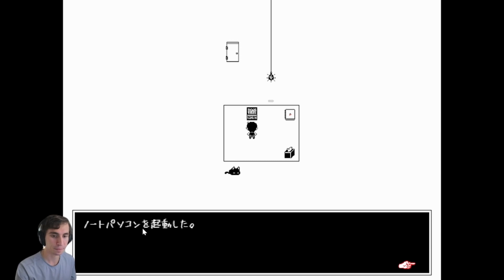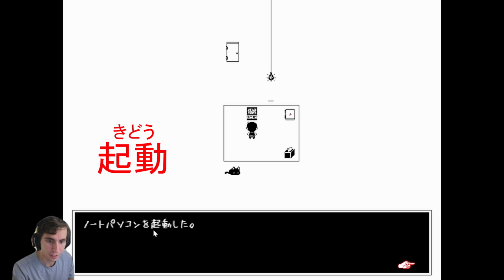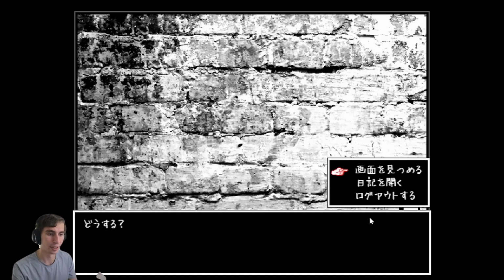Okay. It's kind of like saying notebook or note computer, I guess. And then o is our object marking particle. So noto pasokon. So this one is kidoushita. So to start up or activate, to boot up, or it started up because it was in past tense.